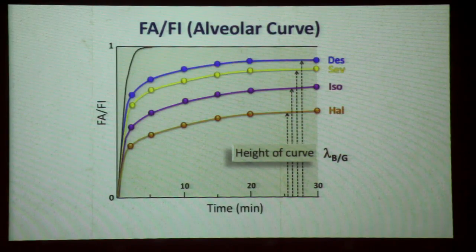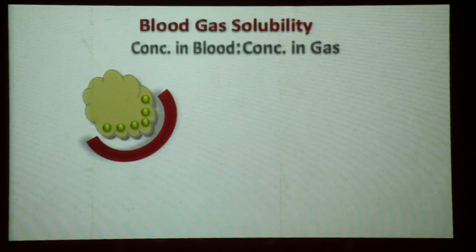Only the insoluble part produces a partial pressure. So as the insolubility of the agent goes up, the alveolar curves are higher. This gives you the blood gas coefficient of each inhalational agent. These are the FA/FIs of different agents, and these two are quite close to each other.